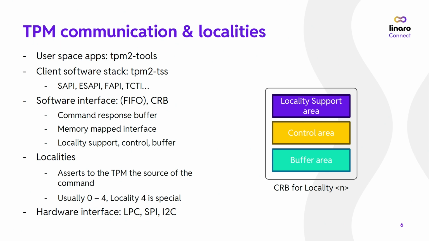Usually there are 5 localities implemented, from 0 to 4. Locality 4 is special because there are certain commands that can only be requested at locality 4, so this should be protected somehow. Going one level lower, for the discrete TPMs, you have various hardware interfaces to access it.